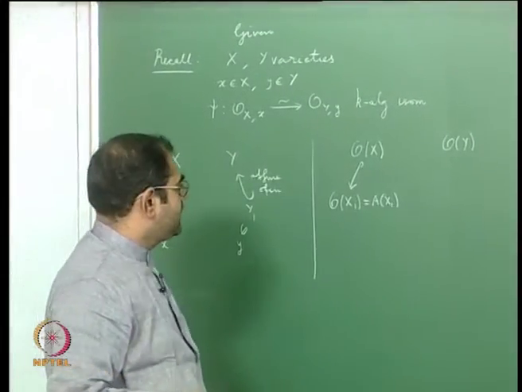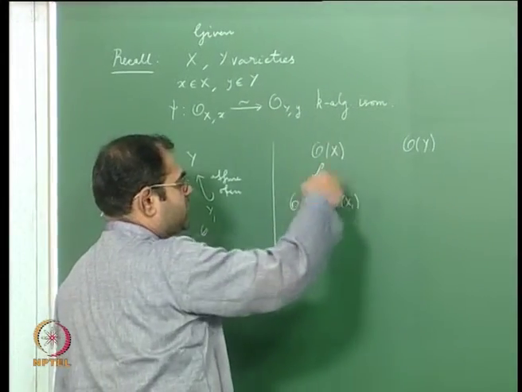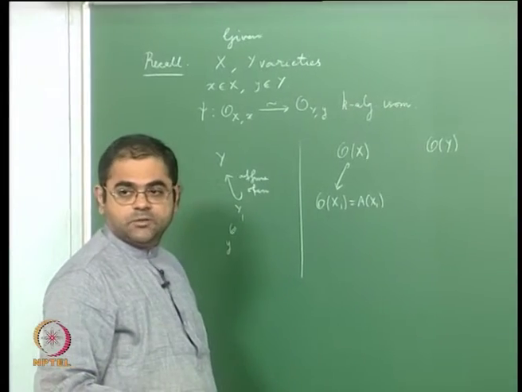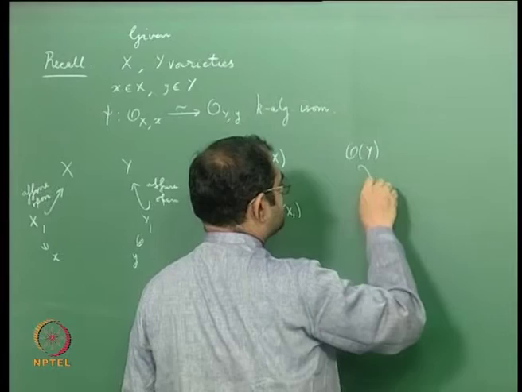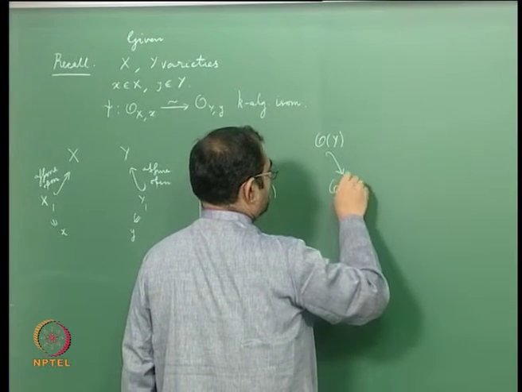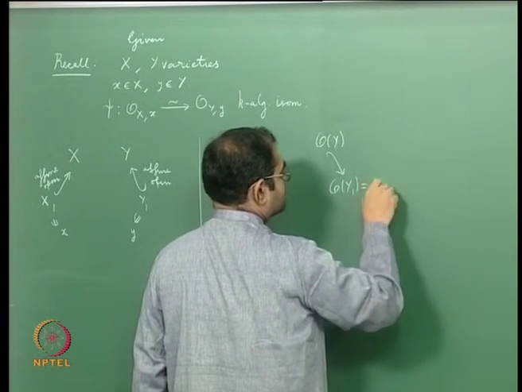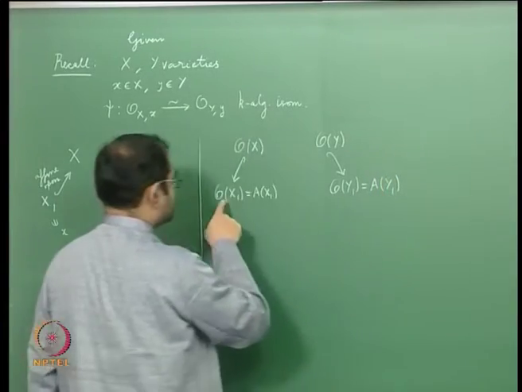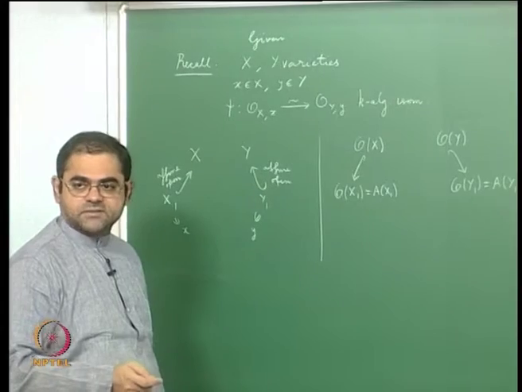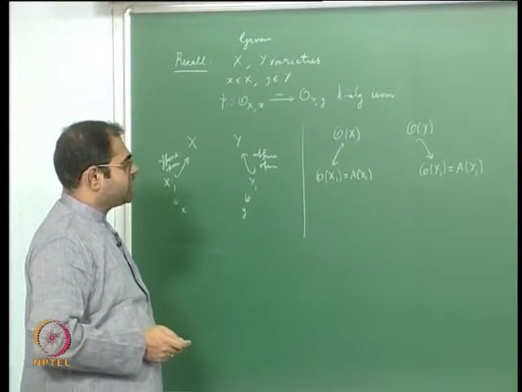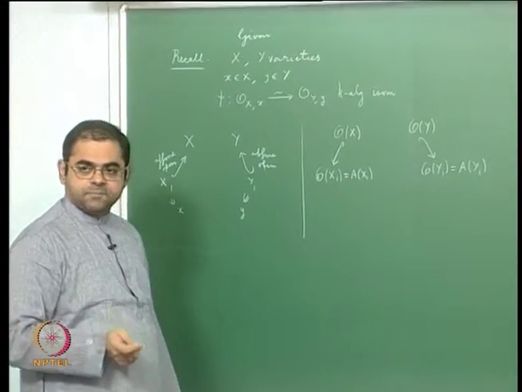And of course this map corresponds to restriction of regular functions to the open set X1, and similarly you have an inclusion of this with O_Y1, and O_Y1 is the same as A(Y1), and O_X1 is the same as A(X1). This is because X1 and Y1 are affine varieties. For affine varieties the ring of regular functions is the same as the affine coordinate ring, right.